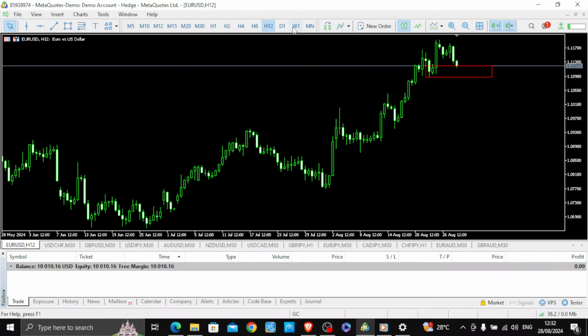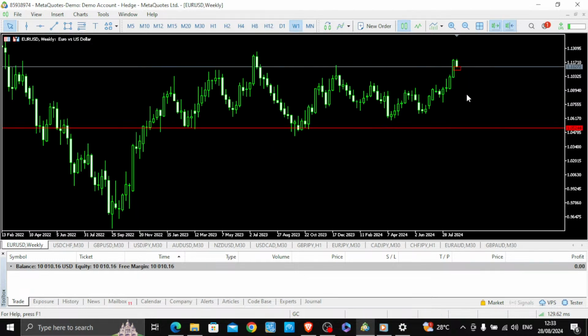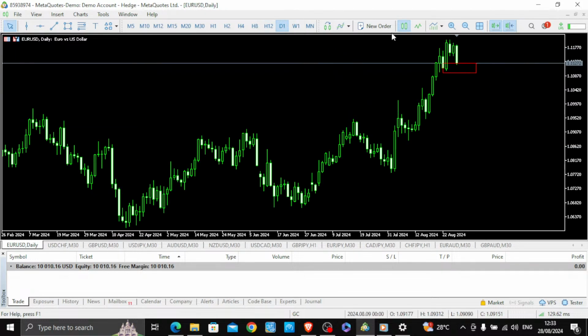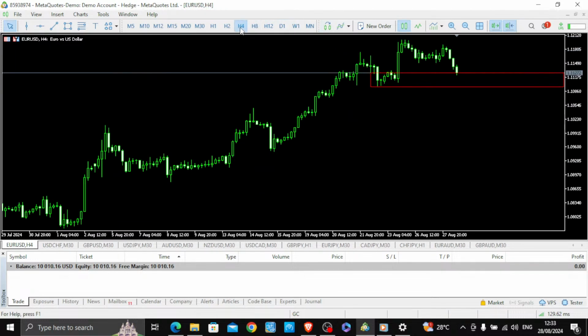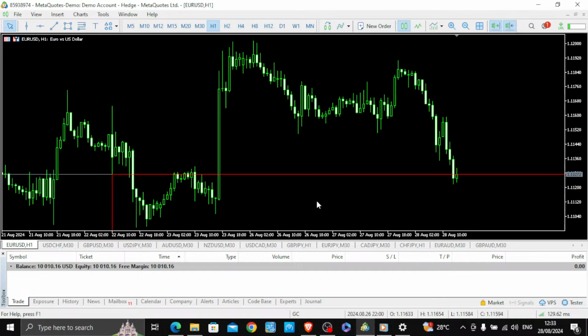Because we check our weekly time frame, it is bullish. Daily bullish. We check our 4 hours, also bullish. So in this situation now, we can monitor what is happening here based on 1 hour, or we can go to 30 minutes.